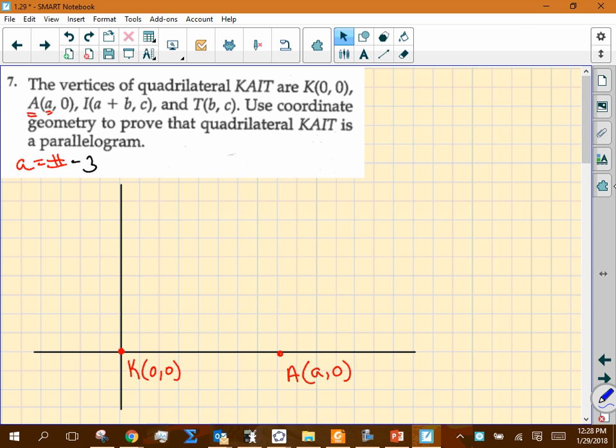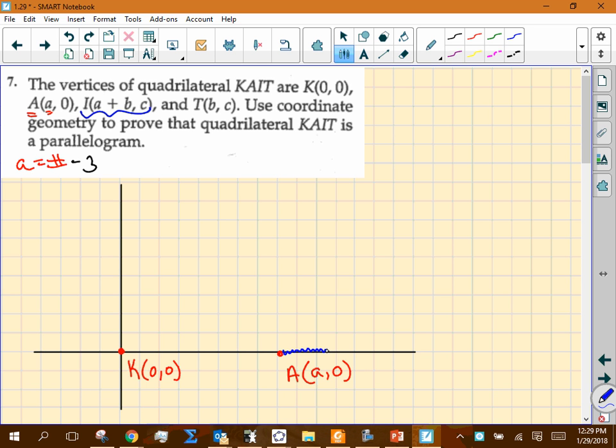The next thing we want to do is plot I. Okay, so I is a plus b, comma c. If I'm at 0, 0, and I want to go a length of a plus b, then I need to go out this length of a, right? And then maybe some smaller distance, or it could be a larger distance.